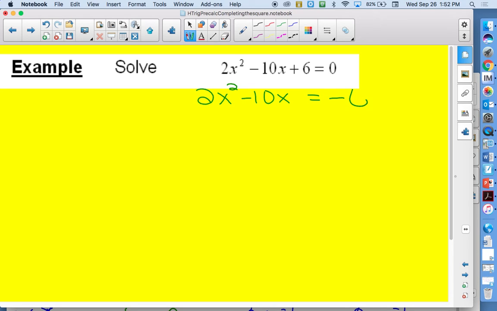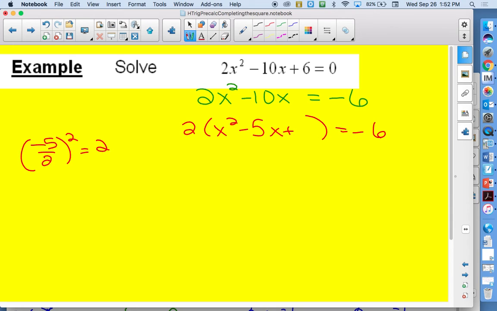Take the 6 to the other side, then factor out a 2. So Brandon, -5/2 squared is? 25 over 4. Nice.